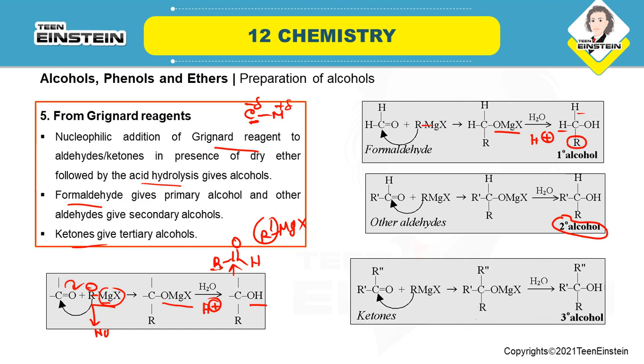And if it is a ketone carbonyl, we do not have any hydrogen. In this case 2 R groups are already there and the third new R group is coming. So ultimately we have a total of 3 R groups, so it will be a 3 degree alcohol. In this way, starting from Grignard reagent and changing the carbonyl compound, depending on formaldehyde, other aldehyde or ketone, you can make all 3 types of alcohols: 1 degree, 2 degree as well as 3 degree.